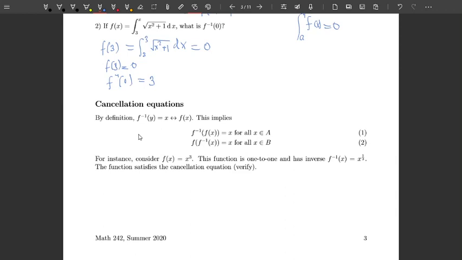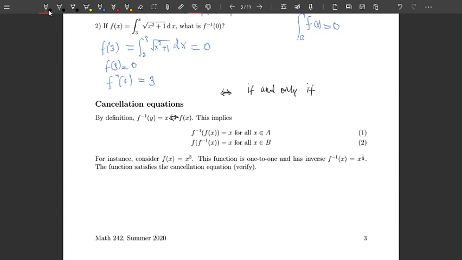Now, by definition, we define f inverse of x to be equal to y if and only if, this should be a double arrow. Actually, this arrow here means if and only if.